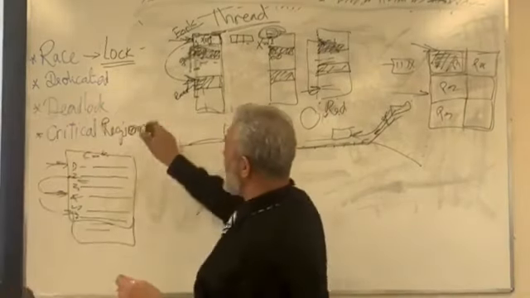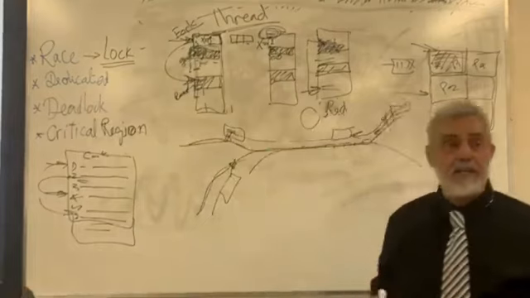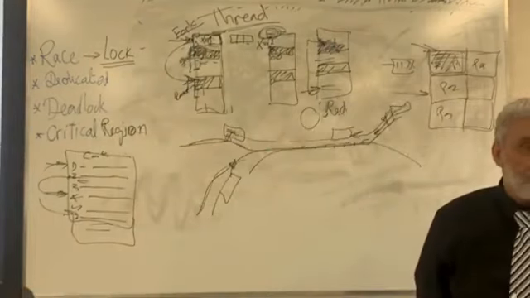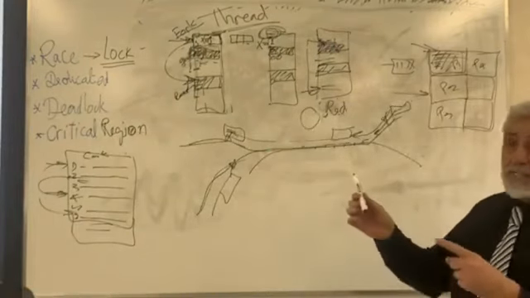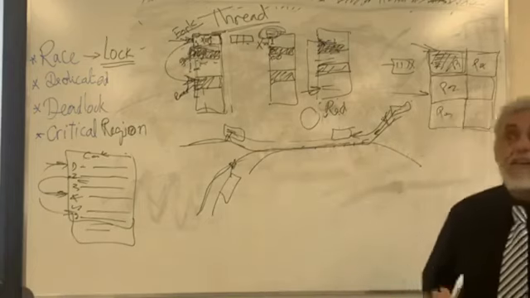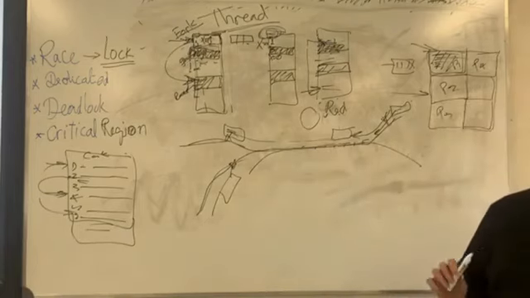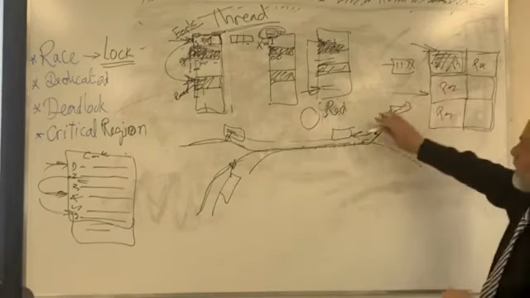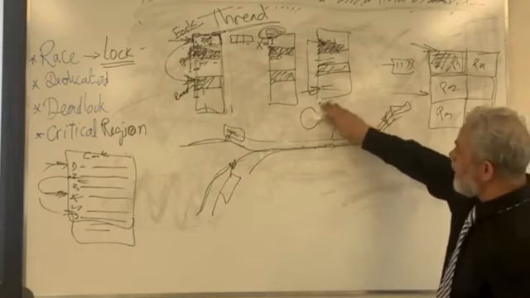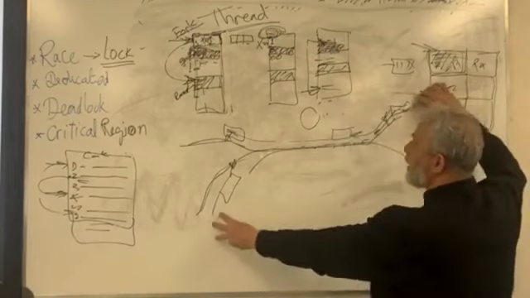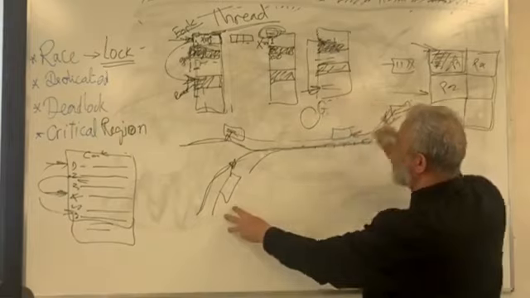But there are 3 techniques that we will look at in greater detail. One of them has a problem, and I'll tell you what the problem is very quickly, but we'll go through it next week. Let's say there are 2 trains coming in at the same time, and the light is green.